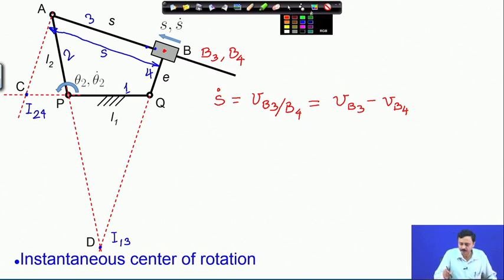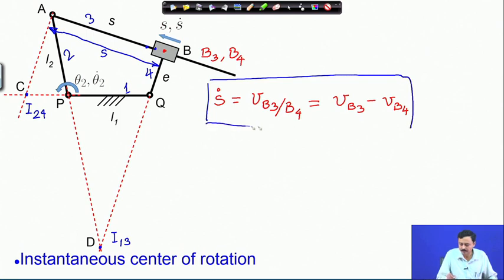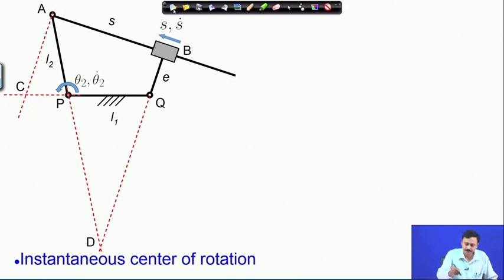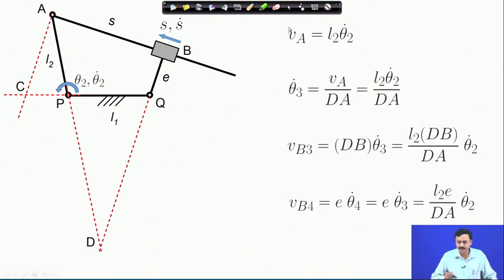So, you have to remember this, that S dot is the relative velocity between B3 and B4, which is given by V_B3 minus V_B4. Now, here I have written out all the velocity relations. Let us go through them one by one.